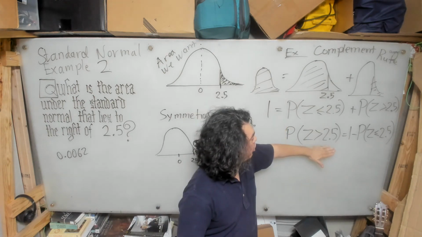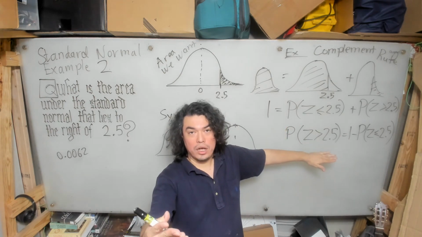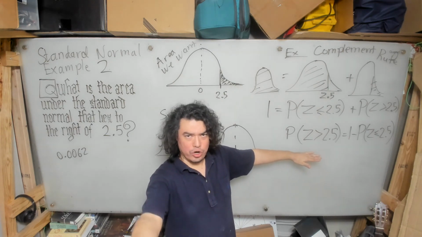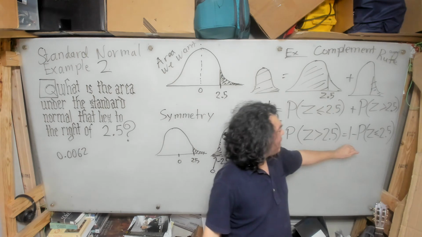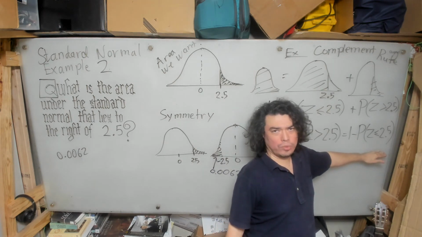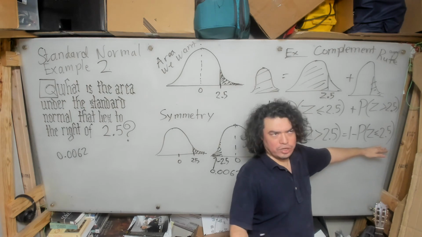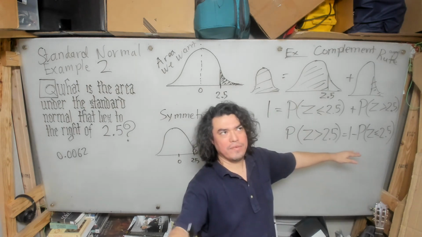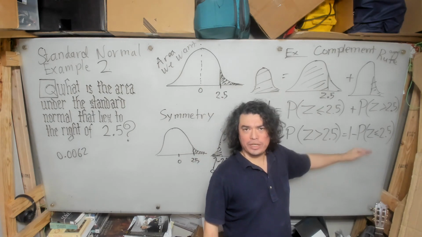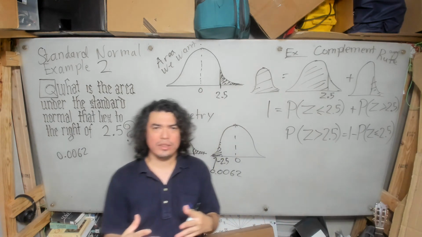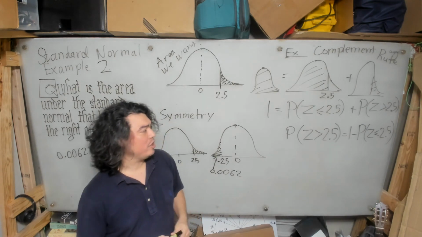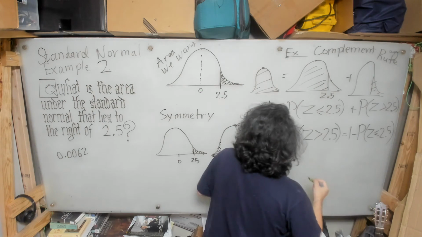Well, this is the one we're looking for, the area to the right of 2.5 under the standard normal curve, and it is exactly equal to 1 minus the probability of z to the left of 2.5 under the standard normal curve. And you can see that this is exactly what we did visually. This argument looks a lot more complicated, but it boils down to what we did visually.